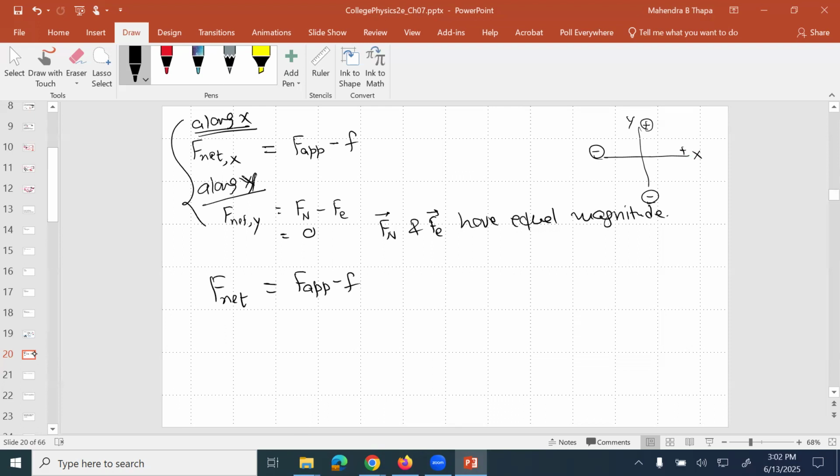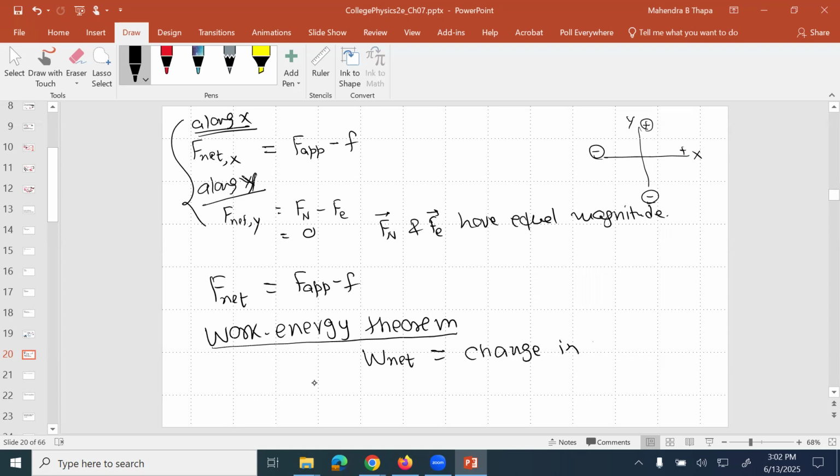Based on that, the work energy theorem relates that the work done by the net force equals the change in kinetic energy.